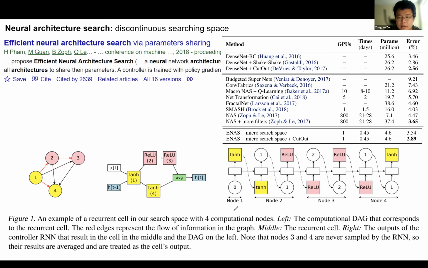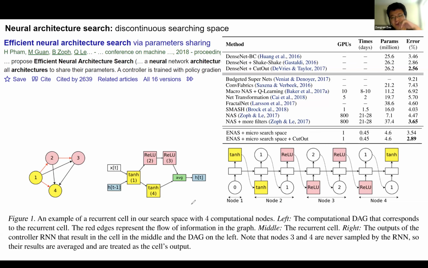And the similar thing is they still use a controller. This is a controller, which is a recurrent neural network. And they still use policy gradient to train the controller, with the wish that the controller in the end can output good architectures for neural networks. And in this case, the architecture of a recurrent neural network is searched.